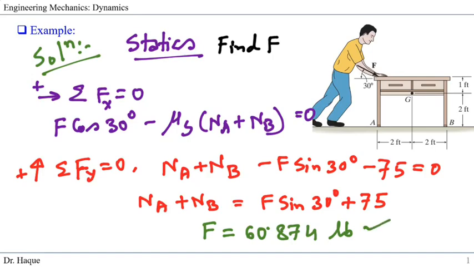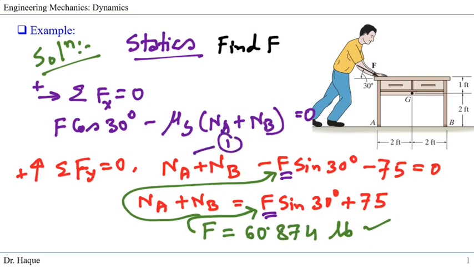One question you asked during the class is: once we find the force F equals 60.874, can we plug this force back here and here to solve for NA plus NB? The problem is that if you try it yourself, plugging this F value into both equations, equation 1 and 2 become identical.